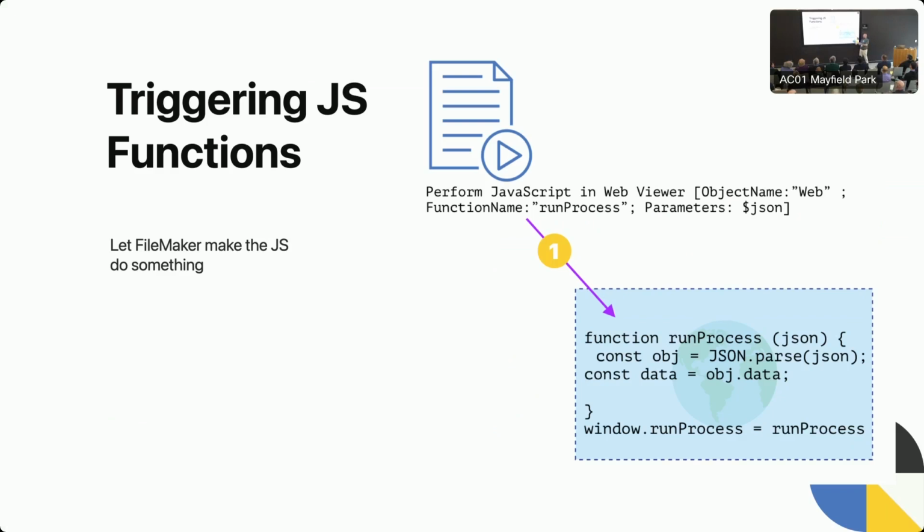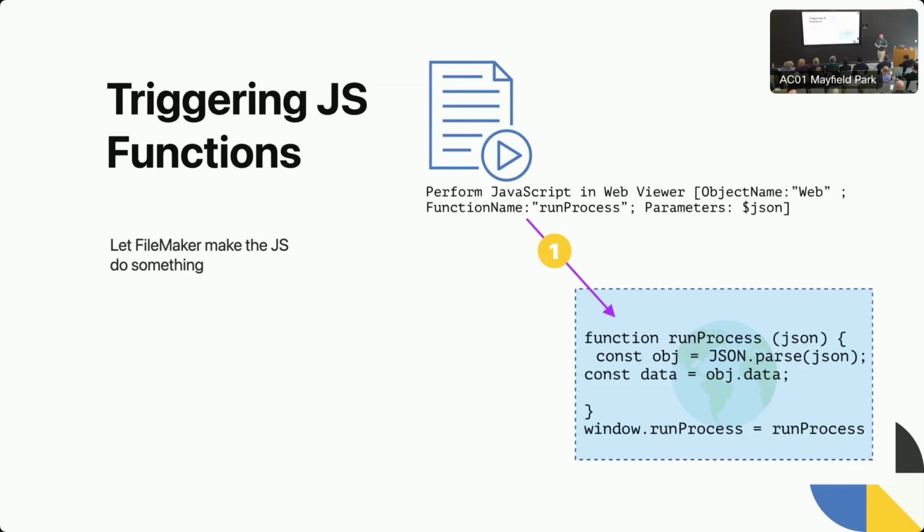It's accessible to the web viewer, but FileMaker can't reach it. So it has to be put on the window. Here's one way that it is put on the window, with just window dot, here's the variable name, and here's the function. FileMaker is going to find this one right here, and it's going to trigger this to run, which is equal to this function. All right?